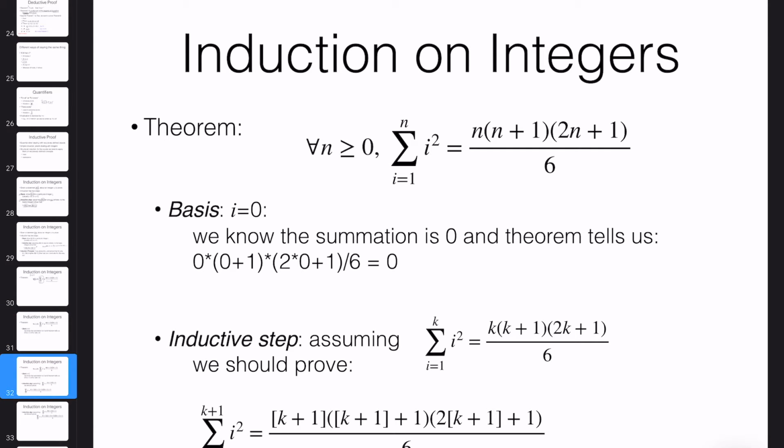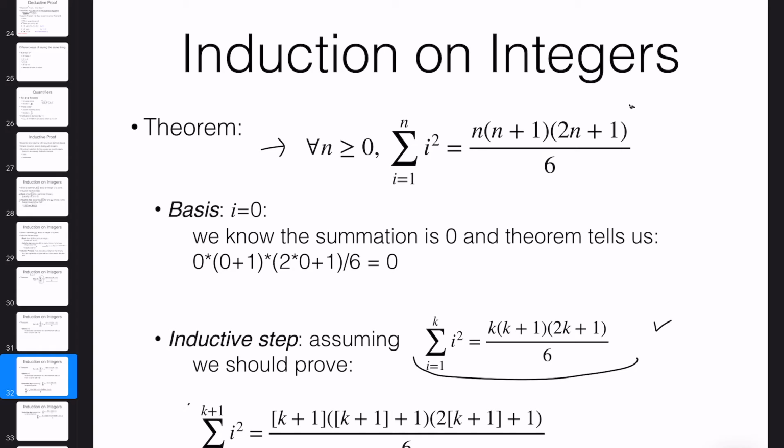The next part is we are going to prove the inductive step. We are assuming the theorem, the statement, holds for the value k. So we are assuming that this is true. This is our assumption. And from this, we want to prove that this formula is also true for k plus 1.